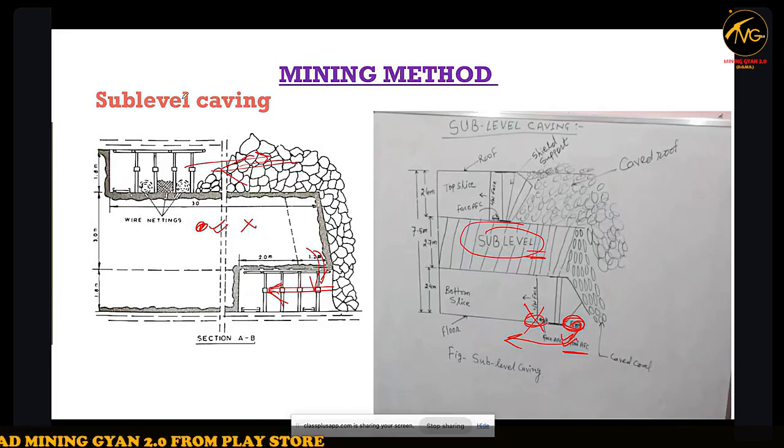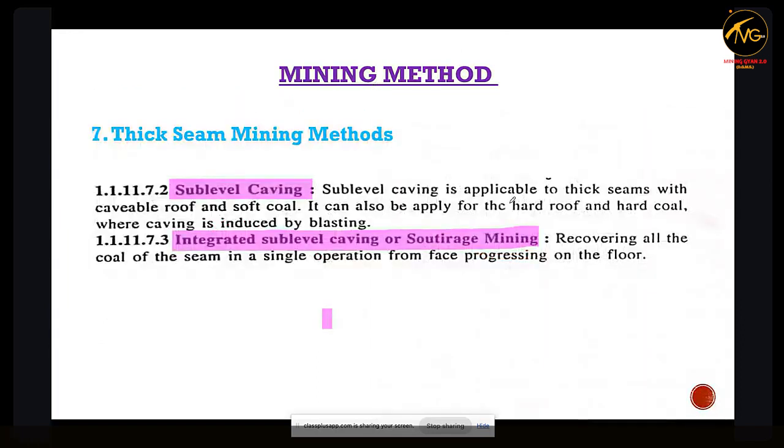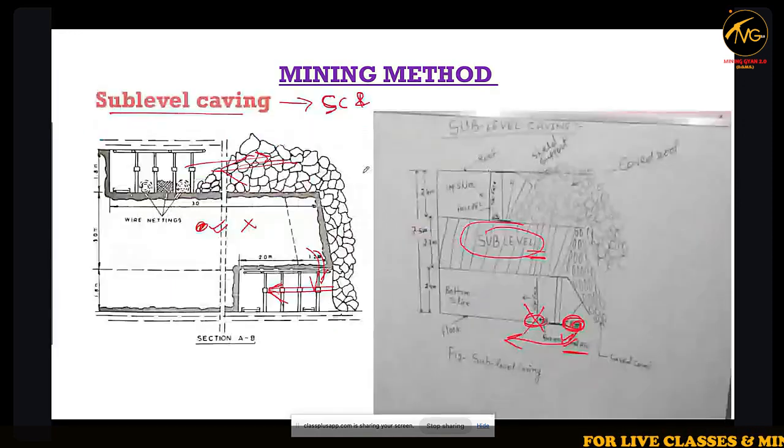So where do we use sub-level caving? First, where the coal is soft coal, and the cavable roof and the soft coal, not hard roof and hard coal.